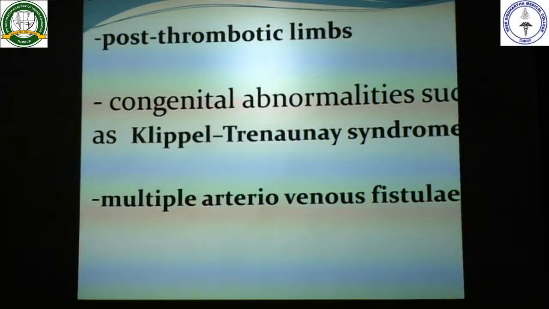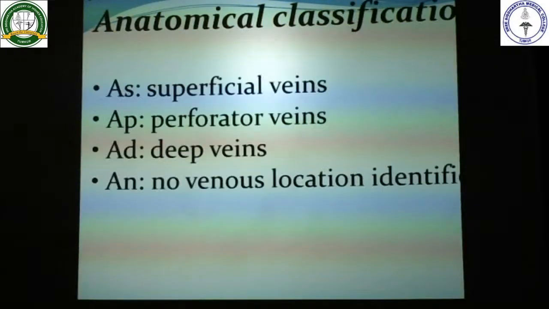One more is congenital abnormalities such as Klippel-Trenaunay syndrome. In this syndrome, you will see grossly dilated veins over the limb, and also multiple arteriovenous fistulas. So this is also one of the secondary causes of varicose veins.